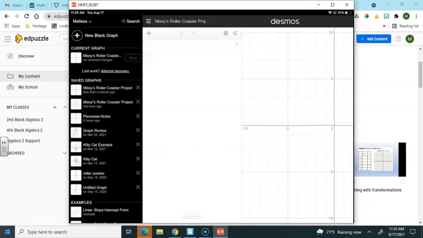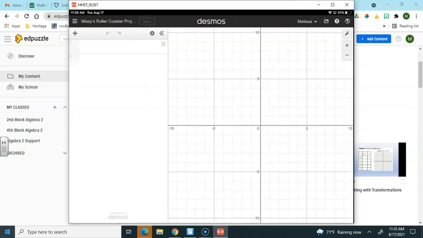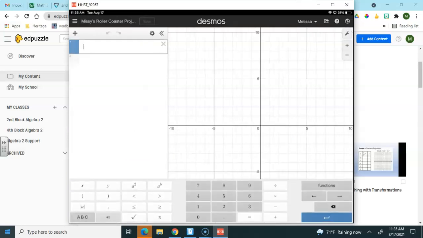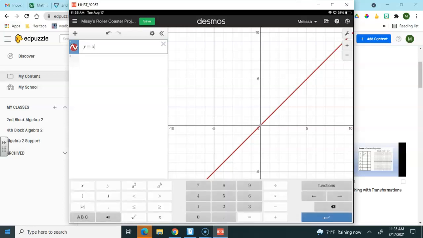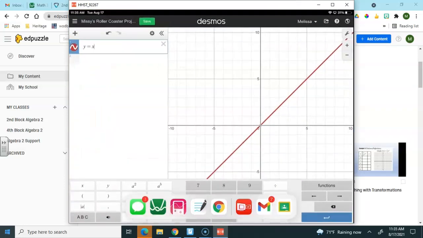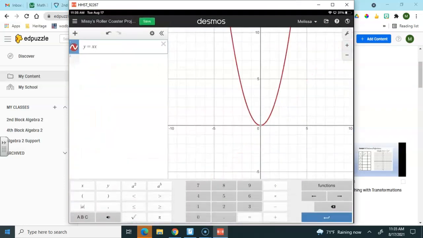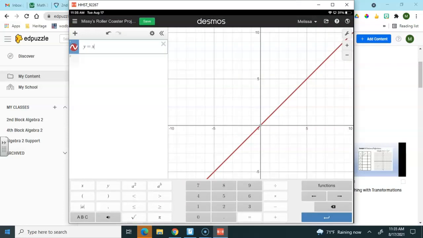I can share my graph with Miss Lewis. Okay, so I'm going to start off with y equals x. I want the domain restriction to be x greater than or equal to 0.